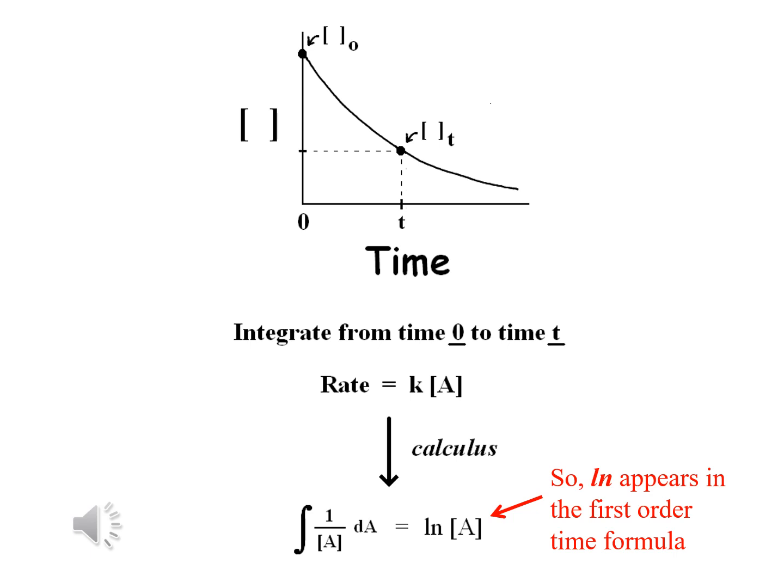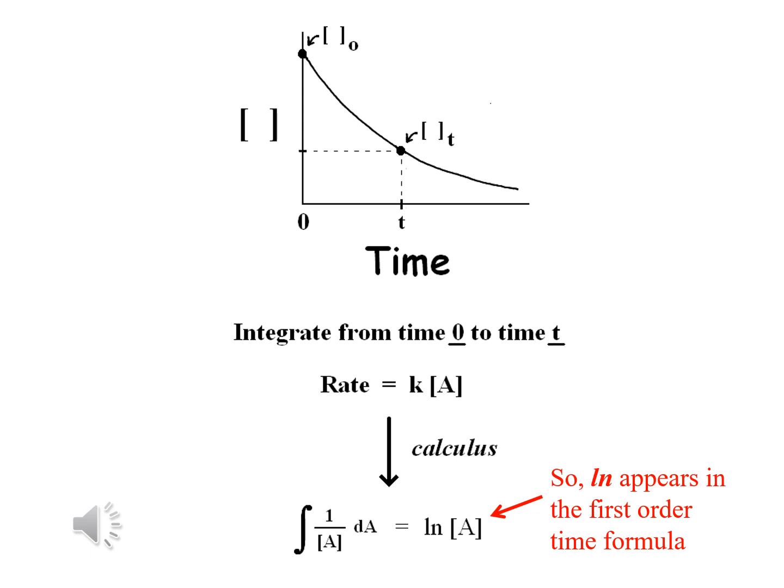If you take the integral, you end up taking the integral of a very famous function. You take the integral of 1 over A. You can't really find an integral of 1 over A without defining a function for it. And the function that the integral of 1 over A is called ln, which is the natural logarithm.